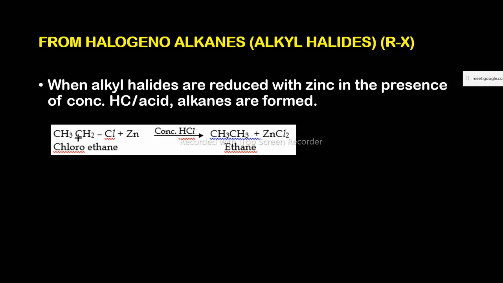So you have your alkyl halide, and you react it with zinc in the presence of conc HCl. Then we form our alkane, and the zinc takes away the chlorine and you form zinc chloride. The same happens for bromide, the same for iodide.